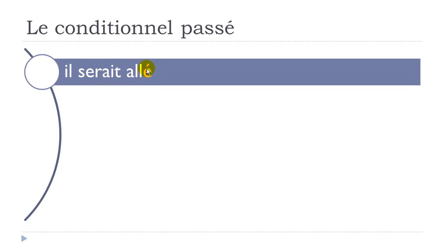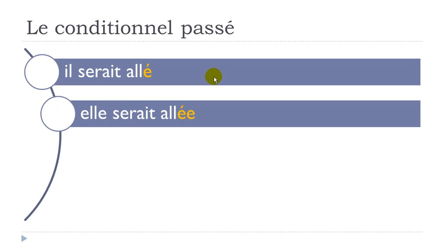So in that case, you can see that at the end, it's allé without anything after. But then, if we look at the feminine form, elle serait allée, you will have to add this at the end, okay? Remember, in most cases, when you have to add something, it's the mark of the feminine. Okay, so elle serait allée, okay?